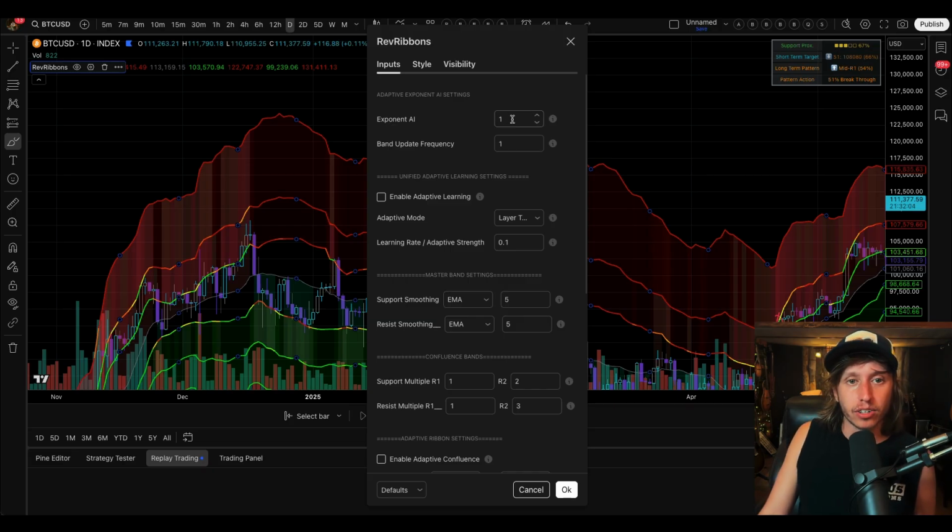Exponent AI, we are looking again. I talked about how you can make it wide or really narrow, depending on the time frame, the asset. Just mess around with that. A lot of times this is the biggest change that will happen to the band.